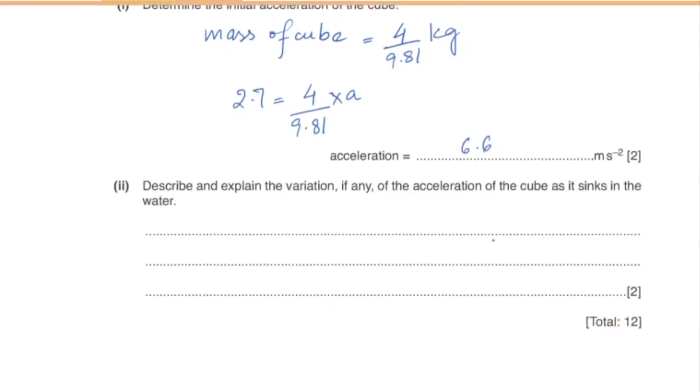Part 2, describe and explain the variation, if any, of the acceleration of the cube as it sinks in the water. So the acceleration of the cube will decrease because with time the drag or the viscous force that acts on the block will increase, which reduces the magnitude of the resultant force. And you know that resultant force is directly proportional to acceleration.